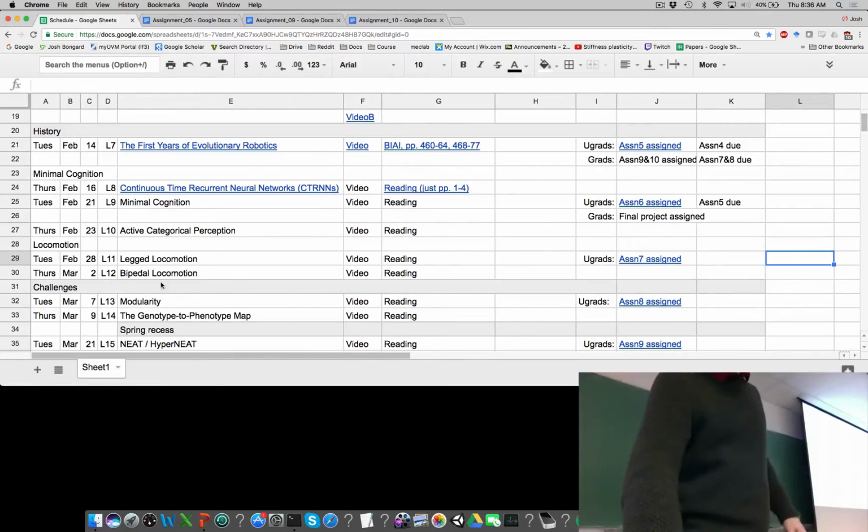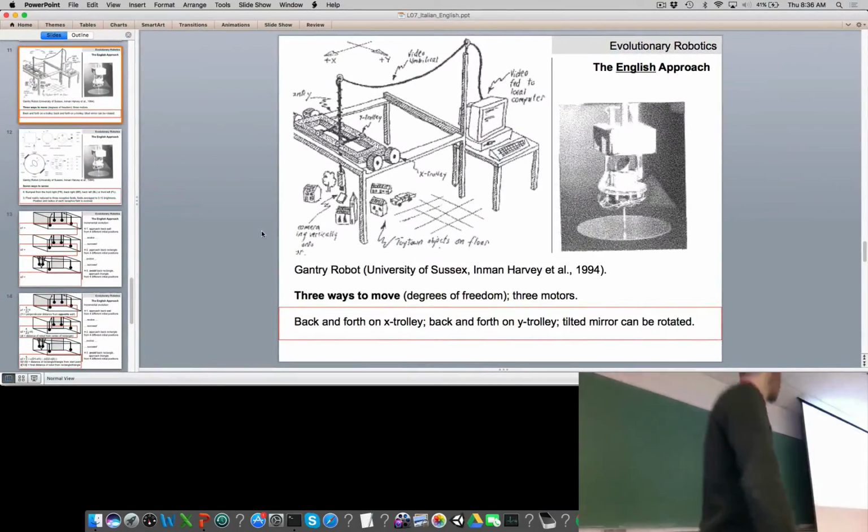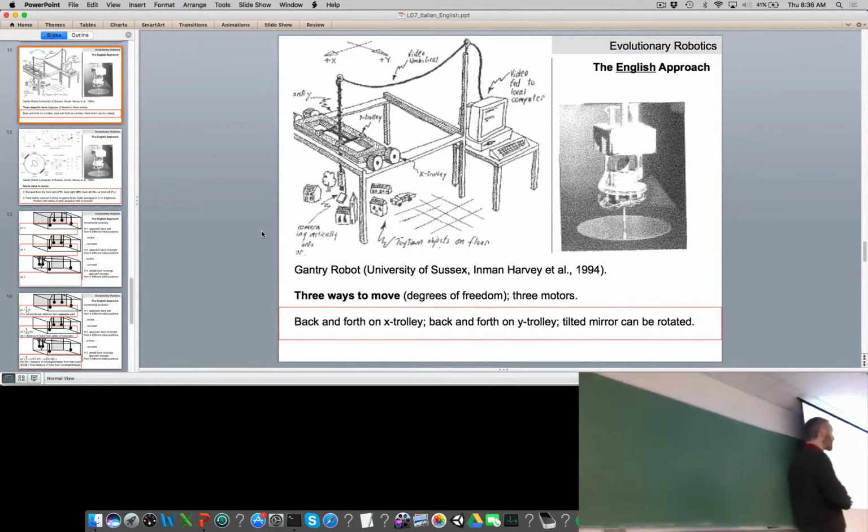Okay, so let's go back to lecture 7 for a moment. We were talking about these first 2 experiments. The first one we saw was carried out by these Italian researchers using this little hockey puck type robot, the Khepera robot, that was running around through the maze on a tabletop.